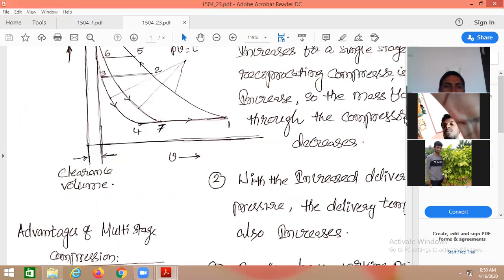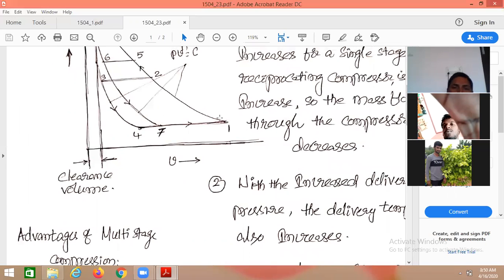See here, during 1 to 2, what is the pressure ratio? It corresponds to atmospheric pressure, or below atmospheric pressure, up to 4 bar. If the atmospheric pressure is 1 bar, then from 1 bar to 6 bar the pressure rise takes place in the second case.